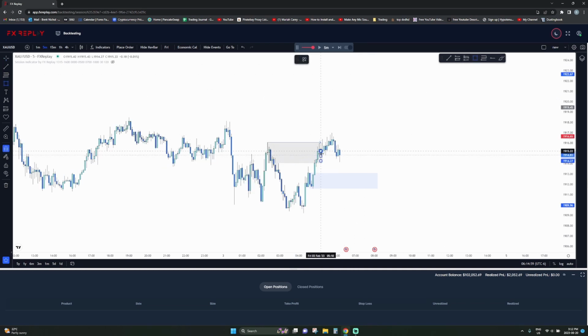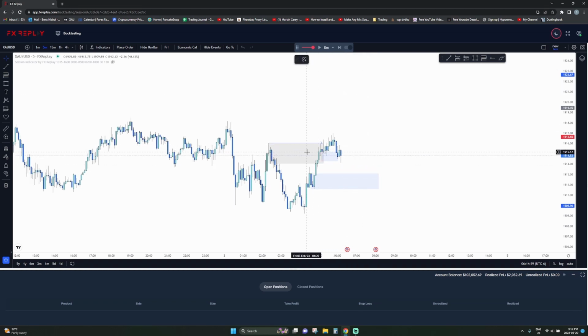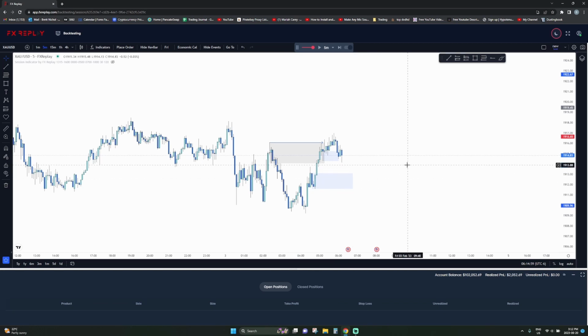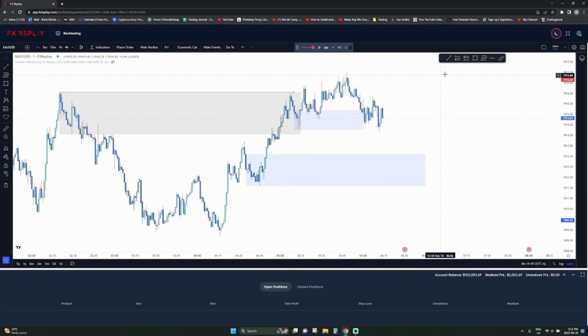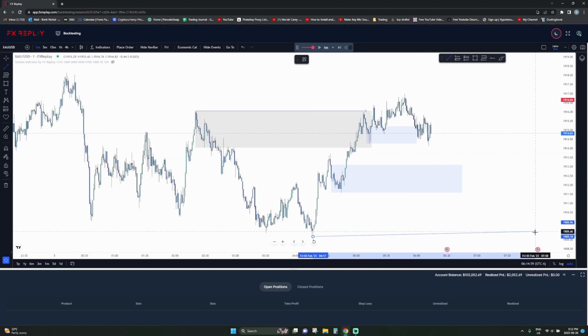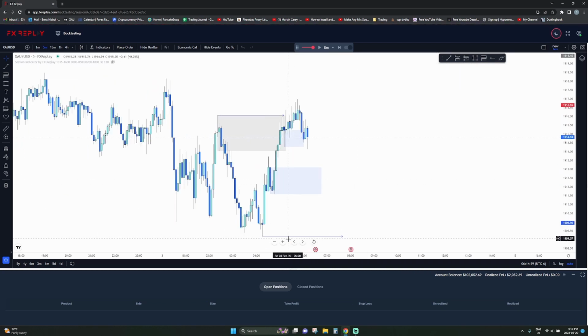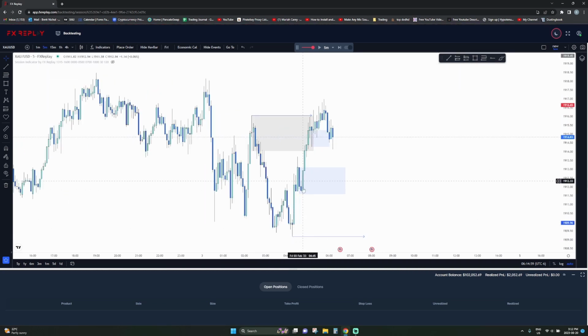I mean, we did. That's kind of the demand that broke. That's a test of the supply. But so yeah, I'm looking for buys on M5 anyways, until this low right here, because that's my M5 structural overall low. This structure point is just inside structure.